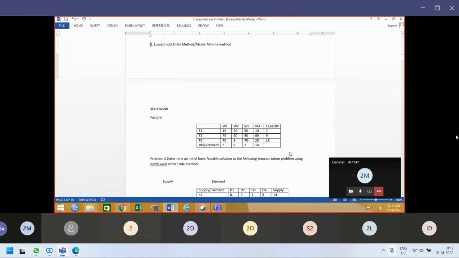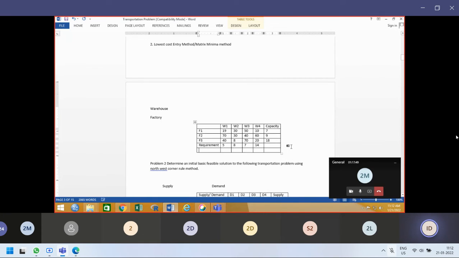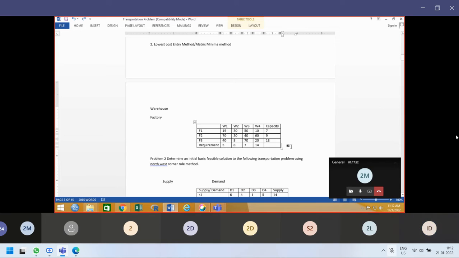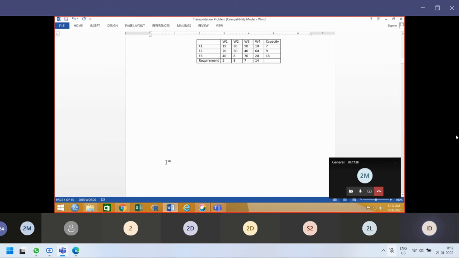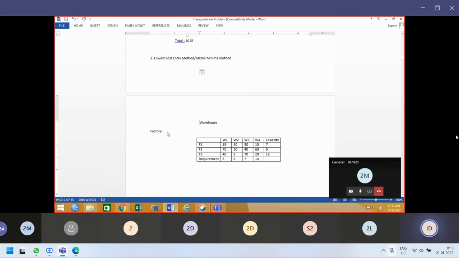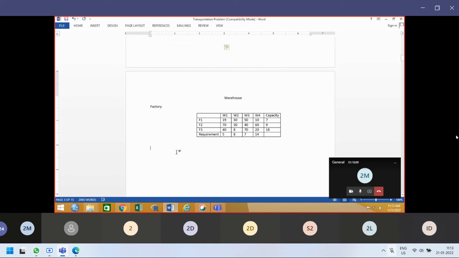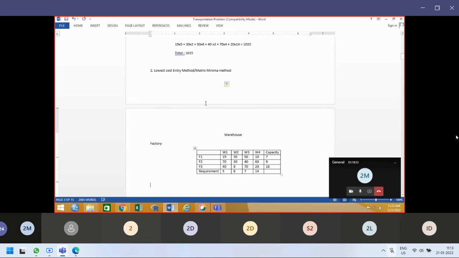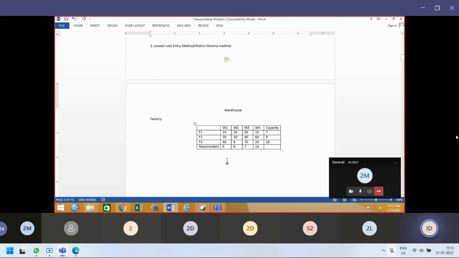So this is the problem, warehouse and factory. Have you copied? Yes, sir. Second method, lowest cost entry method, matrix minimum method. Copy the problem as it is and we'll find out the solution. Right? Solution. So here only I will write the solution.